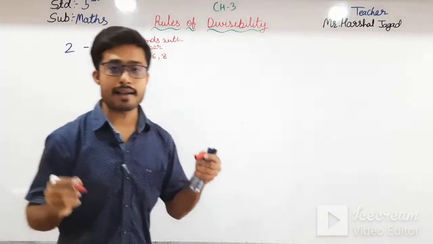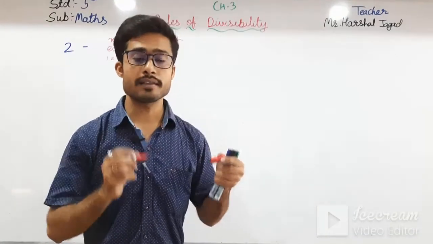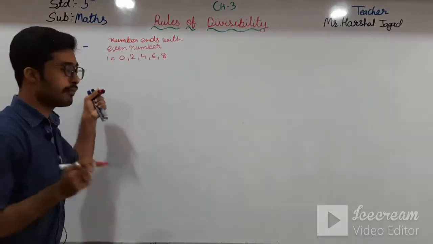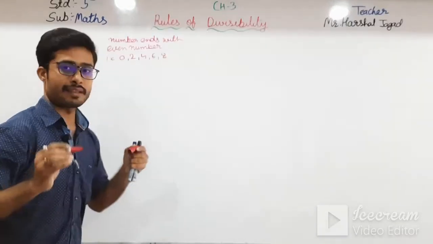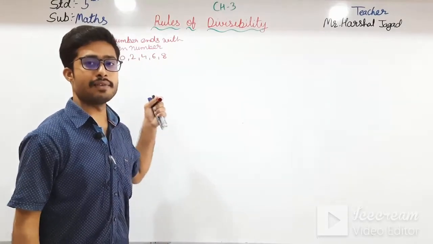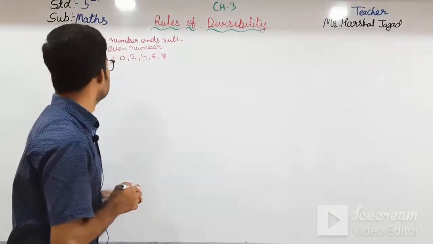So in the last digit, or in the ones place of the number, if there is 0, 2, 4, 6, 8, then that number is divisible by 2.